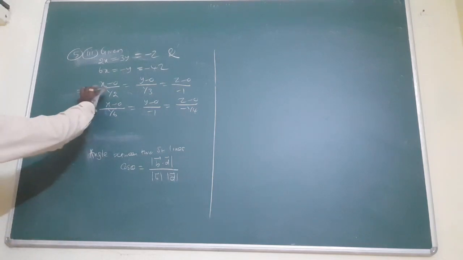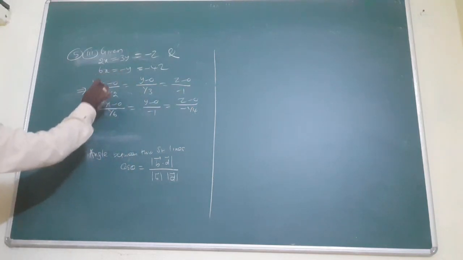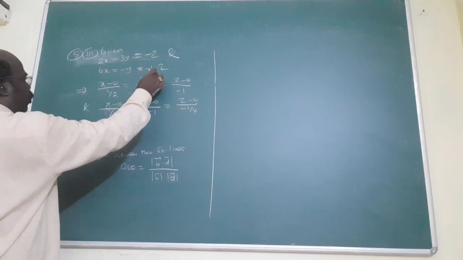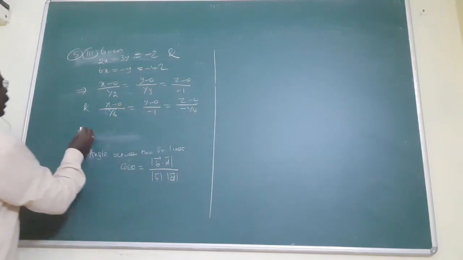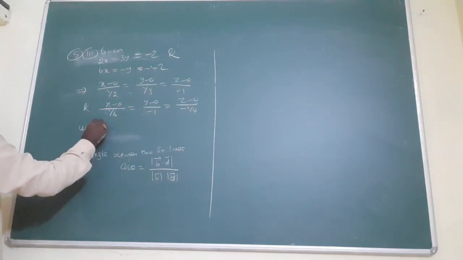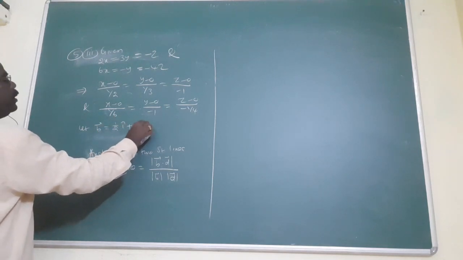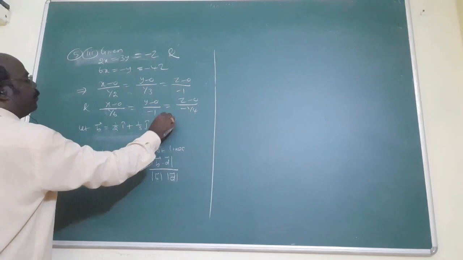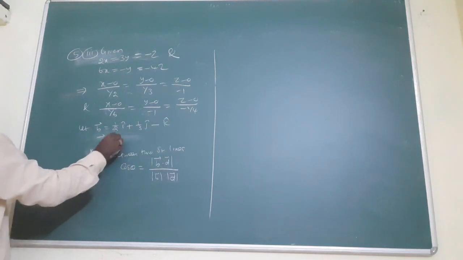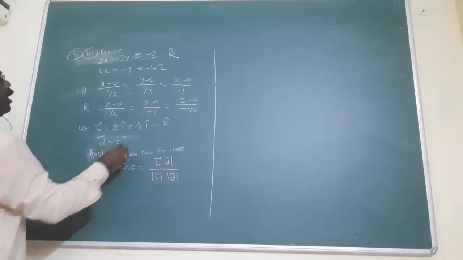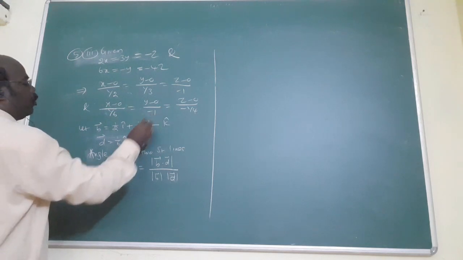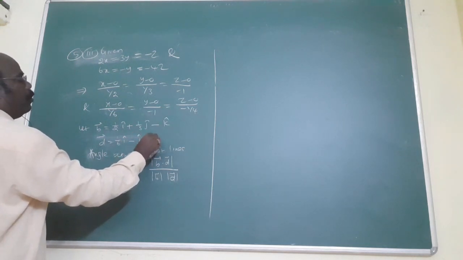This is the standard format of the Cartesian equation: x minus x1 by b1, y minus y1 by b2, in this way. Therefore, let b vector equal 1 by 2 i cap plus 1 by 3 j cap minus k cap. Am I correct? d vector equals 1 by 6 i cap minus j cap minus 1 by 4 k cap.